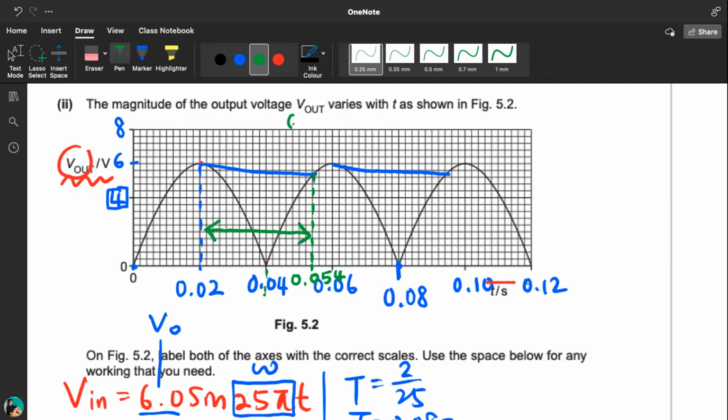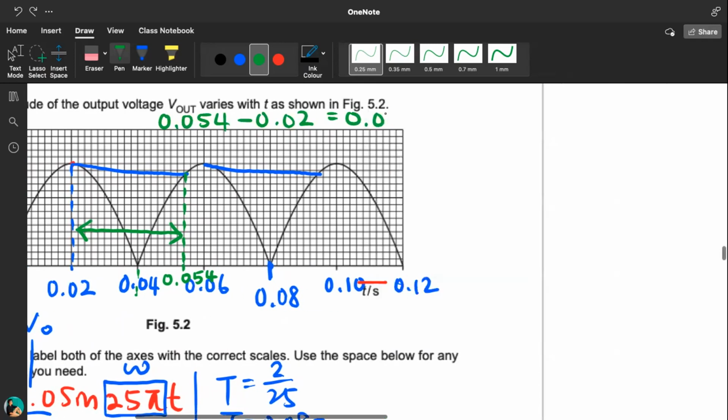I'm going to take 0.054 minus 0.02, 0.034 second, T. This is our discharge time.